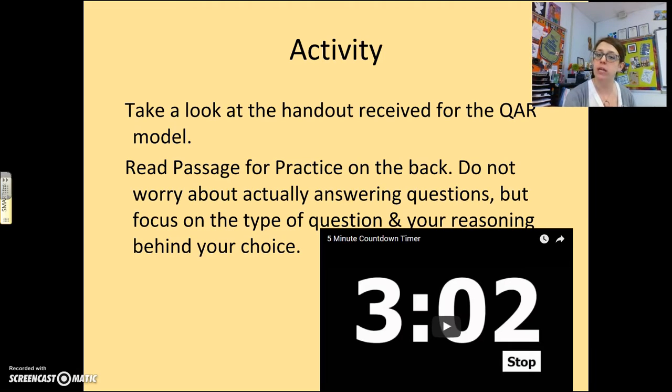Then, whenever you're done reading through the 4 different QAR question model, I would like you to do the practice passage on the back. It says passage for practice in the back. Don't really worry about answering the questions, but focus on the type of question and then your reasoning behind the choice. I'm going to give you 5 minutes, or Mr. Lammers is going to give you 5 minutes to complete this. So please pause the video, Mr. Lammers, if you could. Thank you.